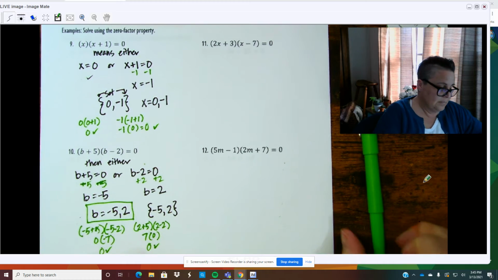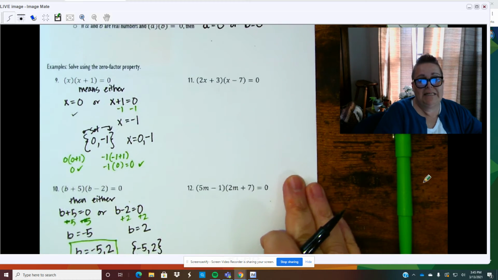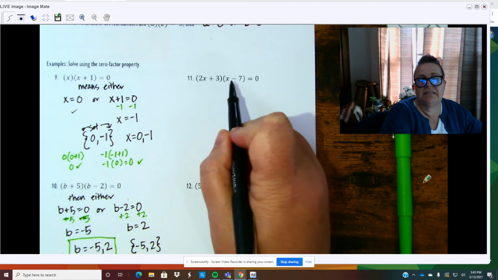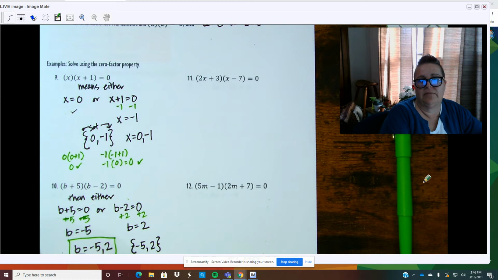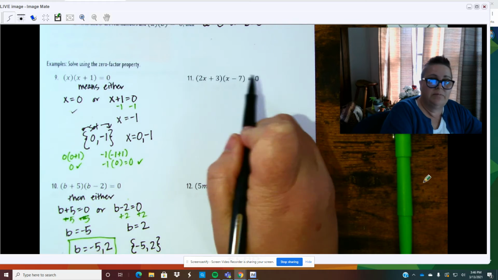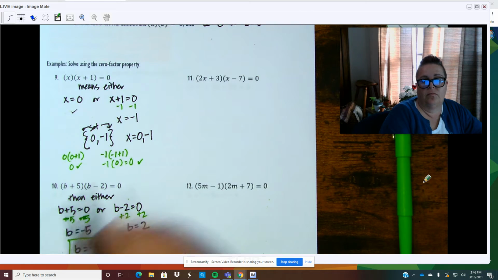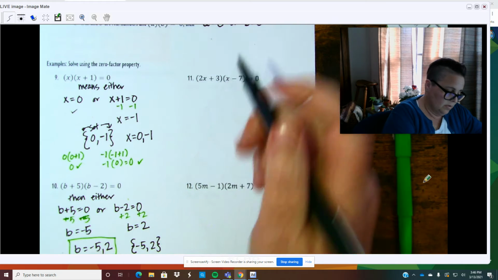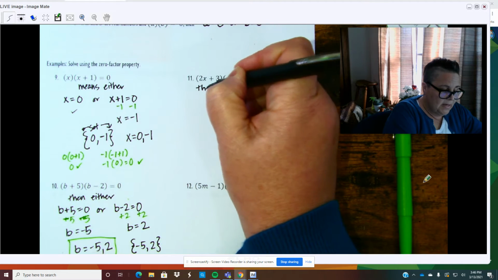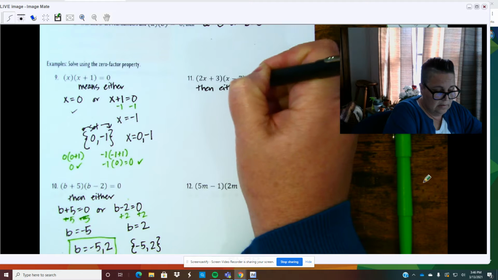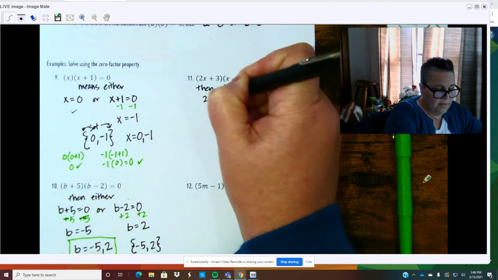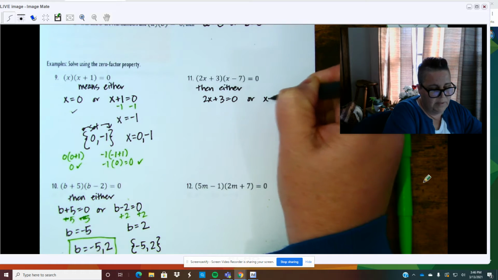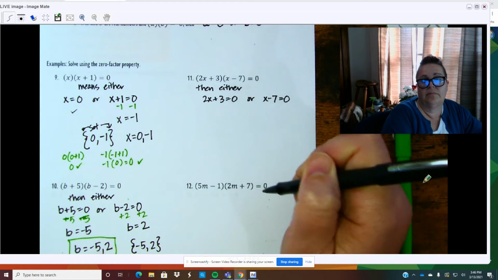Right? Kicking it up slightly, I have one factor of 2x plus 3 and a second factor of x minus 7. When I multiply them together, I get 0. Just the fact that these two factors together give me 0 means that either the 2x plus 3 has to equal 0 or the x minus 7 has to equal 0.